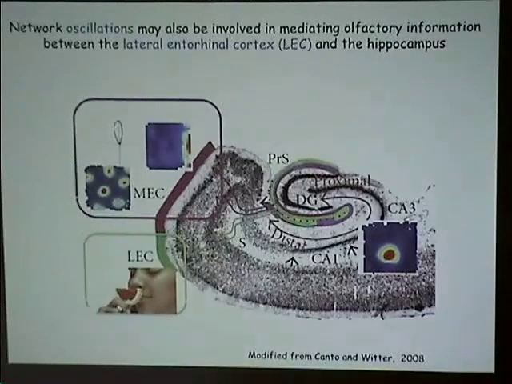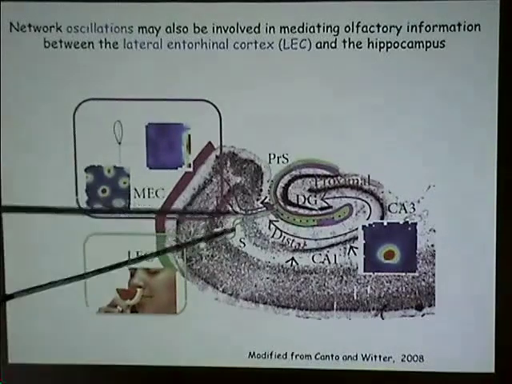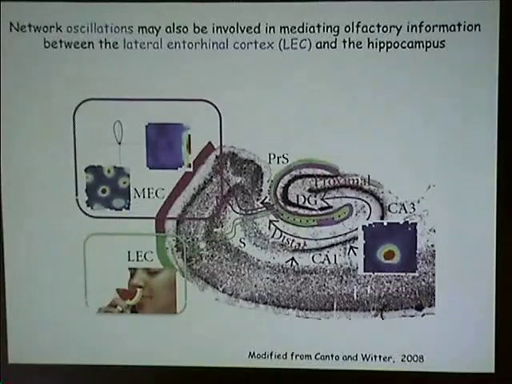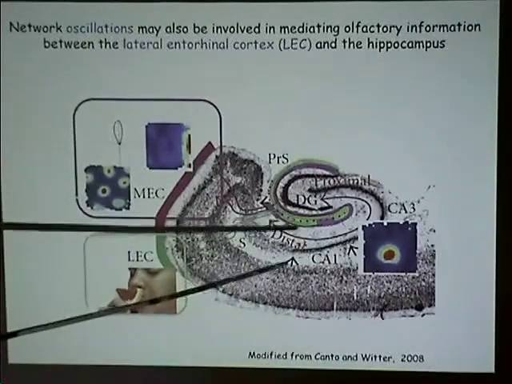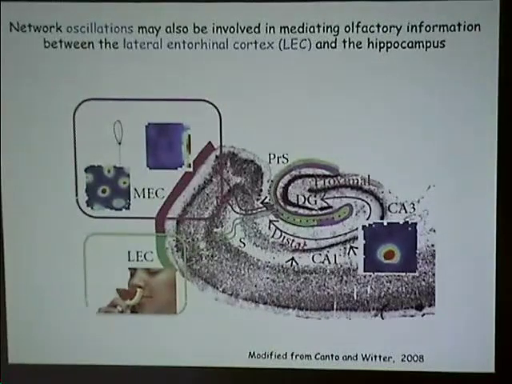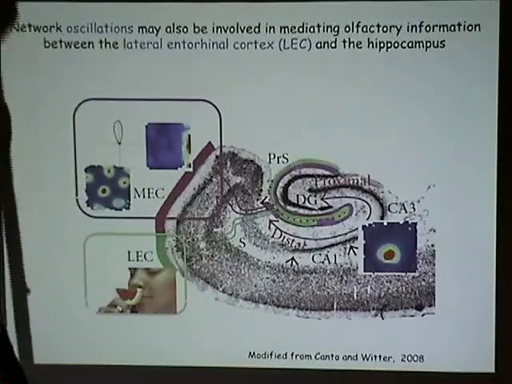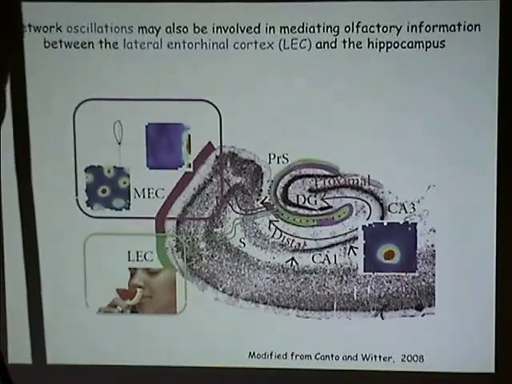So that's another type of input that may come into the entorhinal cortex and the hippocampus, and we then wondered whether those other inputs to the place cells could also vary over time, whether there are temporal windows where interactions with LEC could be stronger.